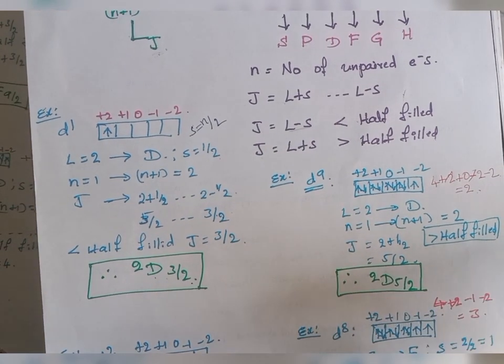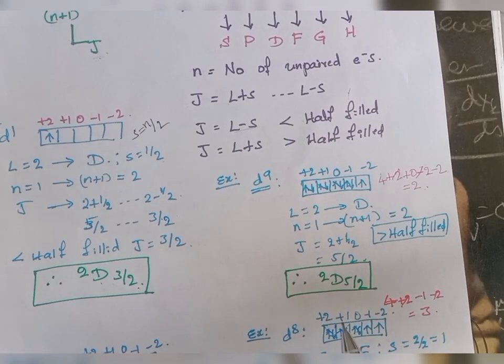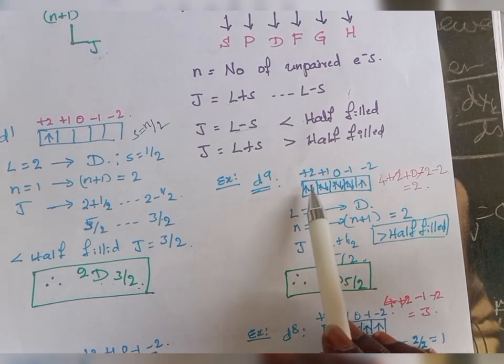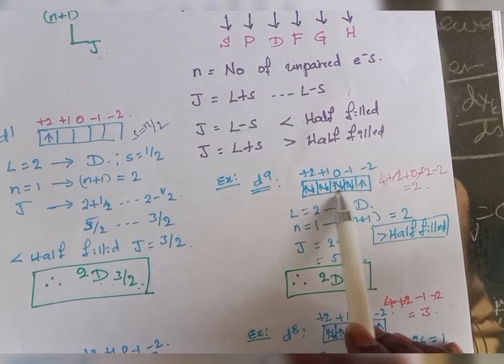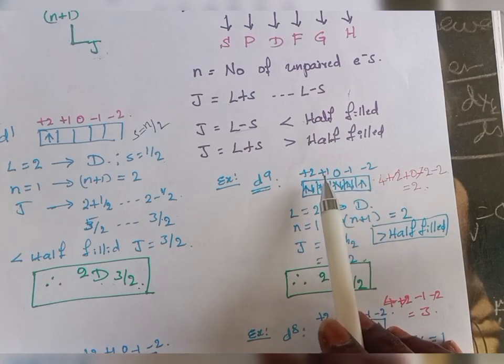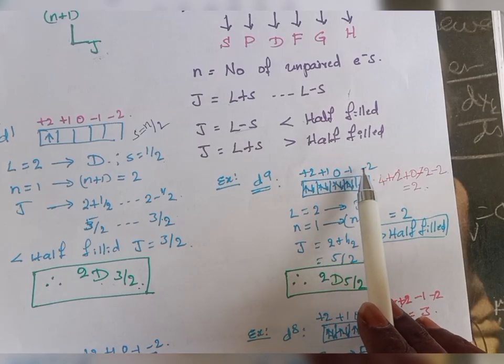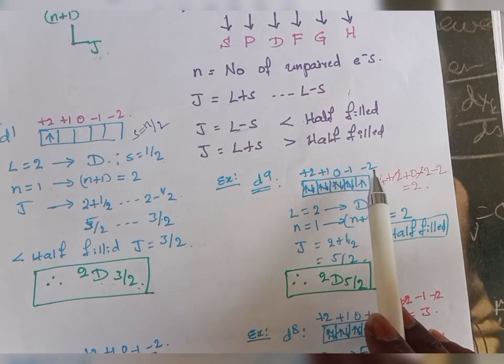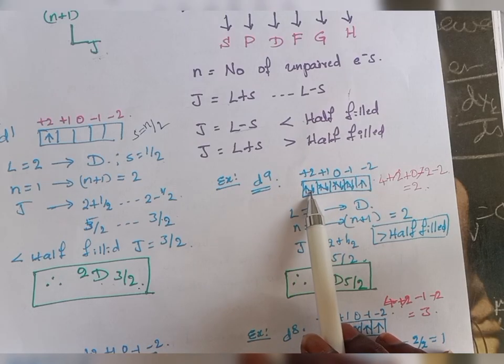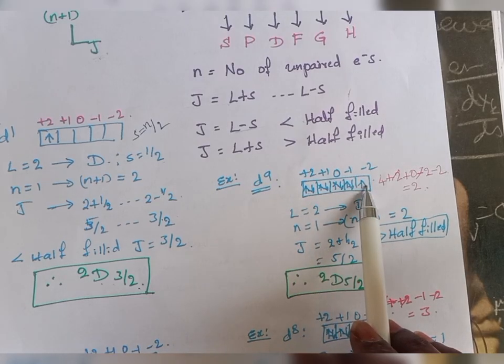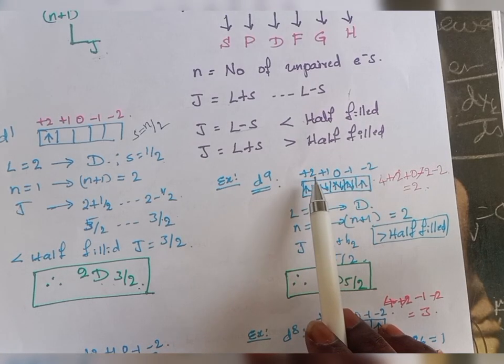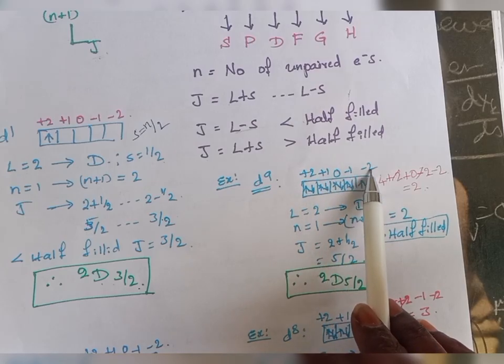If you see the d9 configuration, we write the 5 d orbitals: plus 2, plus 1, 0, minus 1, minus 2. These are the ml values, right? And we fill the electrons in the 5 d orbitals.